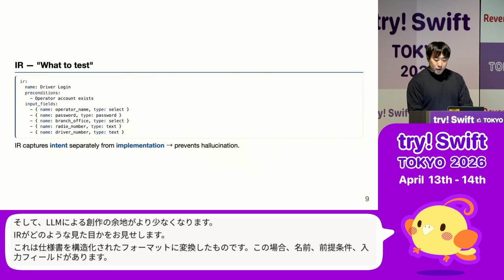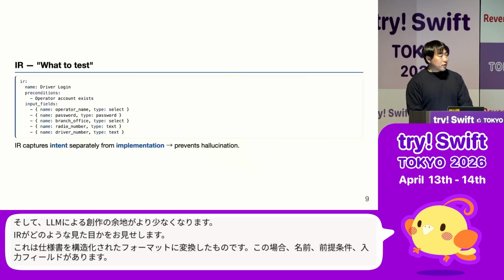This is the same information a developer would figure out manually anyway. So we just make it clear and structured. Then the LLM reads the facts instead of interpreting everything based on the spec.